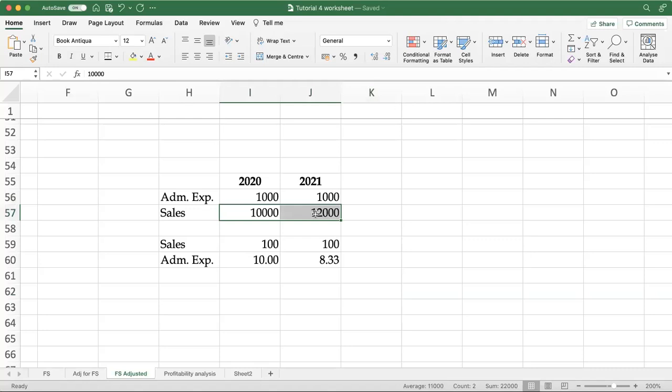So fixed cost doesn't increase proportionately with the sales. You study those cost behaviors in cost and management accounting. So when sales increase and fixed costs are the same, the common size value declines.